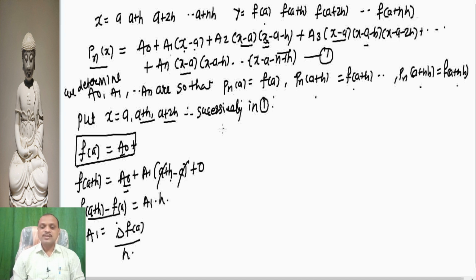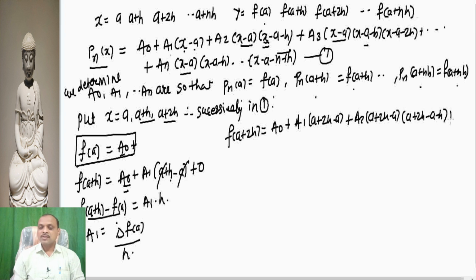Pn of a plus 2h, so this will be f of a plus 2h equal to a0 plus a1 into a plus 2h minus a, plus a2 into a plus 2h minus a, plus 2h minus a minus h, plus all the remaining terms, due to the factor x minus a minus 2h, will be 0. f a0 is nothing but f of a, so we write it as minus f of a, plus this will be twice h into a1.